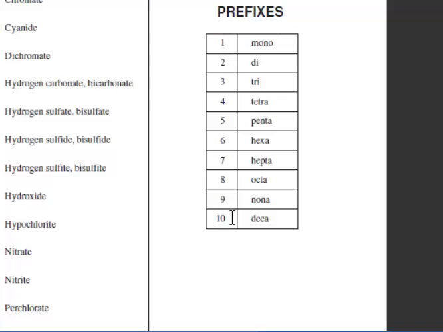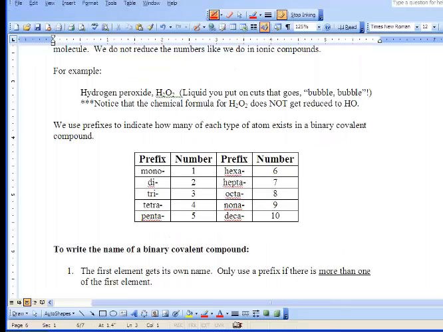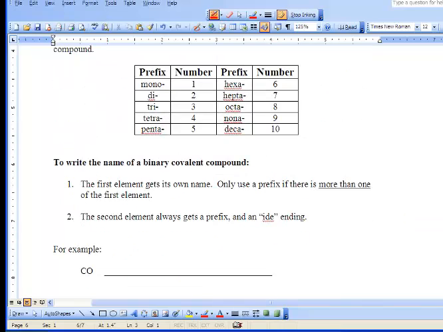There's some prefixes right here, and we can see that 1 means mono, 2 means di, 3 is tri, 4 is tetra, 5 is penta, just like pentagon, 6 is hexa, 7 is hepta, 8 is octa, 9 is nona, and 10 is deca. So try to find that in your periodic table booklet. So using those prefixes, we can write the name of a binary compound or covalent compound.